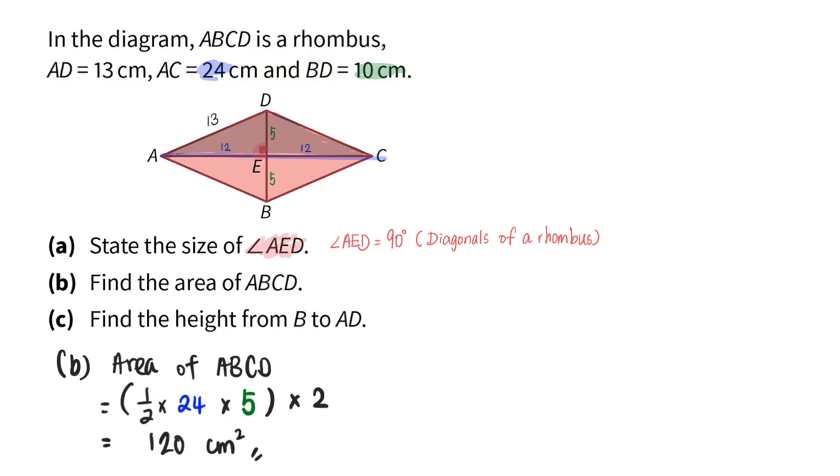And for the last part, now we are tasked to find the height from B to AD. What does it mean? So for part C, I'm going to redraw this particular rhombus.